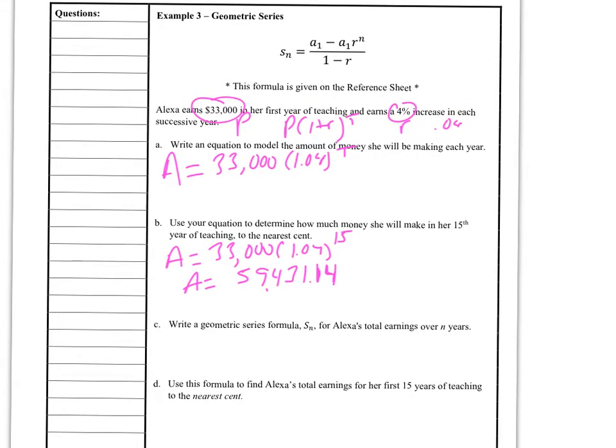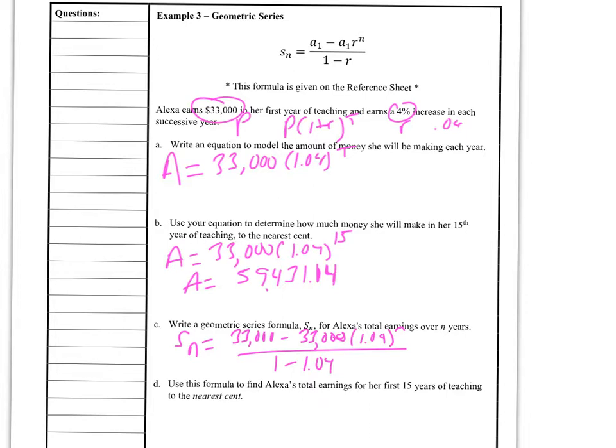So the sum equals 33,000 minus 33,000 times R, the 1.04, to the power n, all over 1 minus the 1.04, the rate. And there we have it. That is the formula that will determine her total earnings over however many years we have.